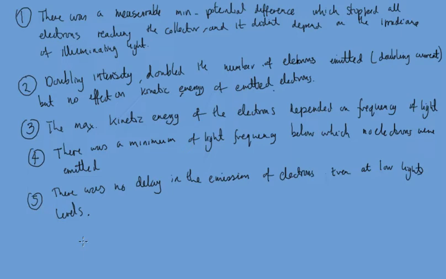Einstein took up the baton, so to speak, and looked at the experimental result, and he was the one who was able to explain it. Einstein proposed the following. So he proposed that light is quantized.